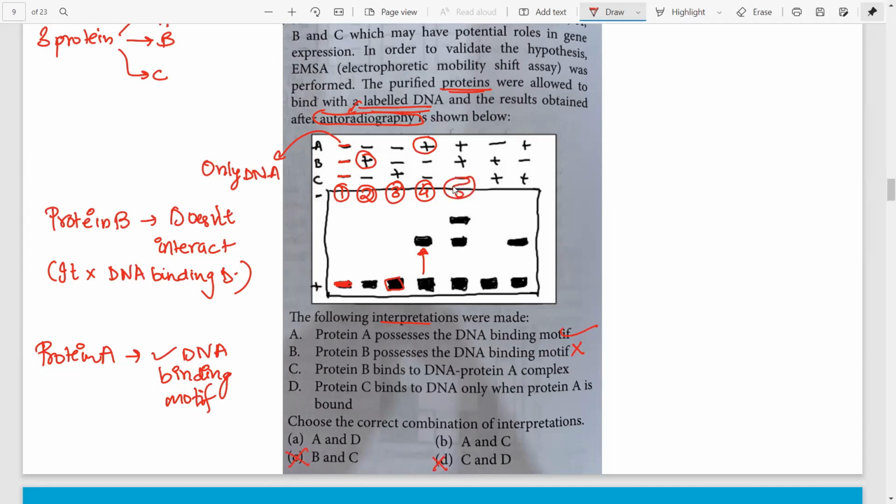Now lane 5 is interesting. In lane 5, they have added the proteins A and B. Now, again, you're going to see something interesting.